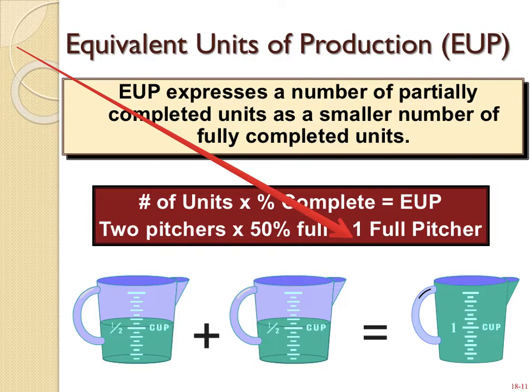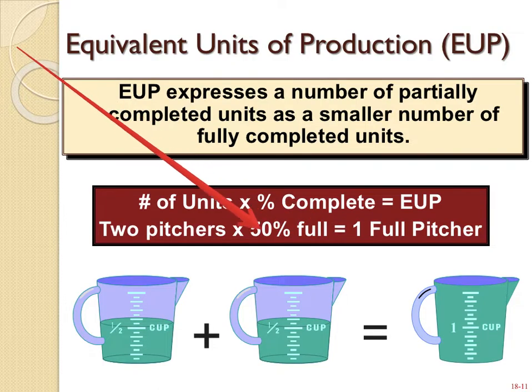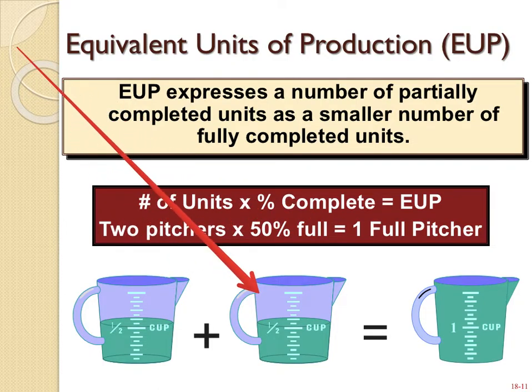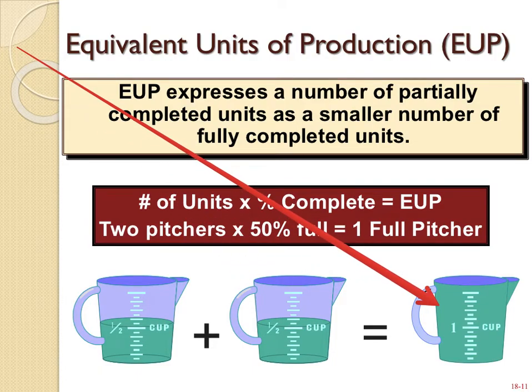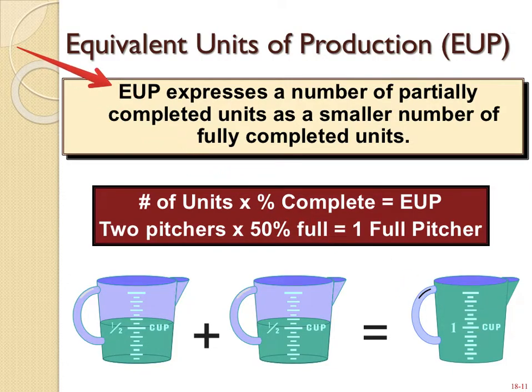Okay? And what that says is that 2 half-full pitchers is equivalent to 1 full pitcher. Okay? Hopefully this makes sense. But that's what we mean by equivalent units of production. We're saying, look, there's a number of partially completed units, in this case 2 partially completed units, but they're equal to 1 fully completed unit. Okay?